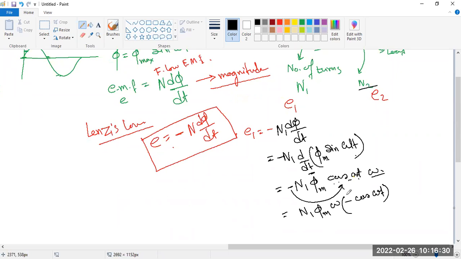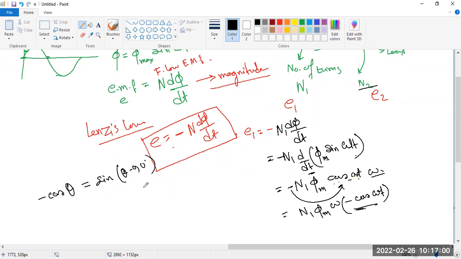Then we can use cos omega t equal to, I am writing for the general equation, minus cos theta we can write as sine theta minus 90 degree.